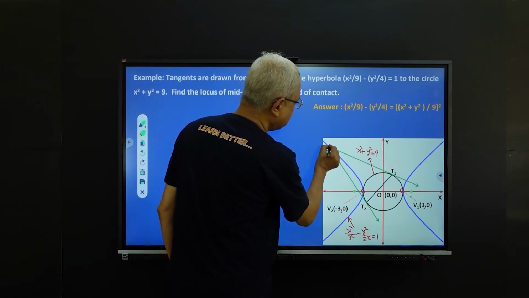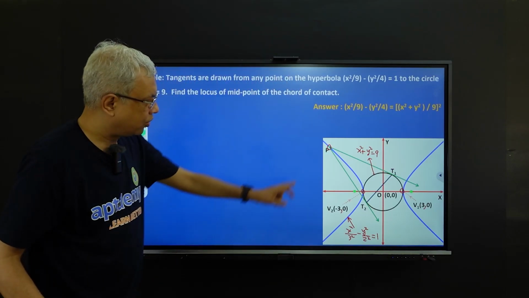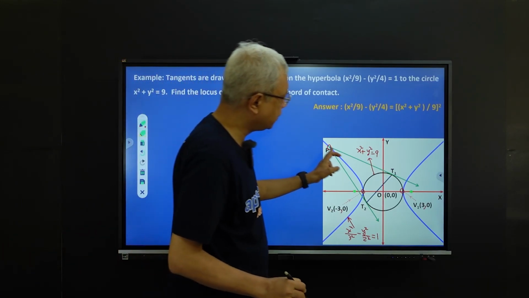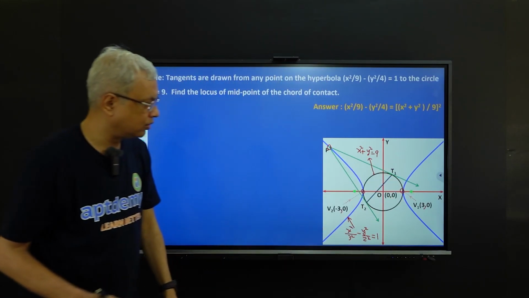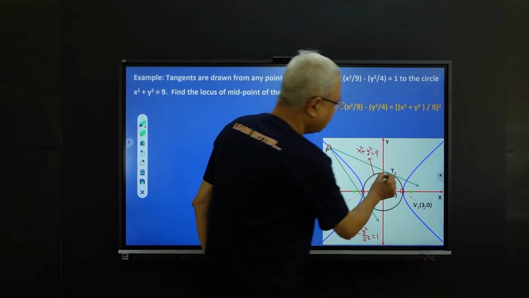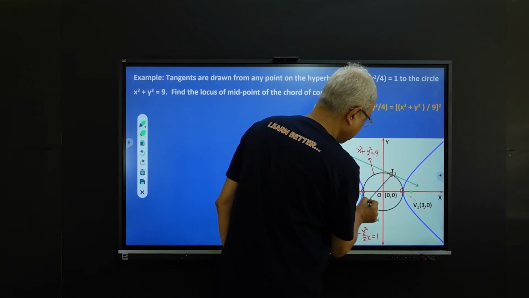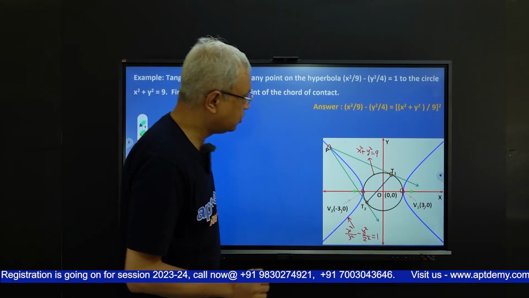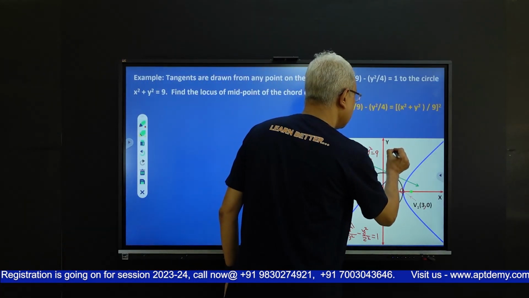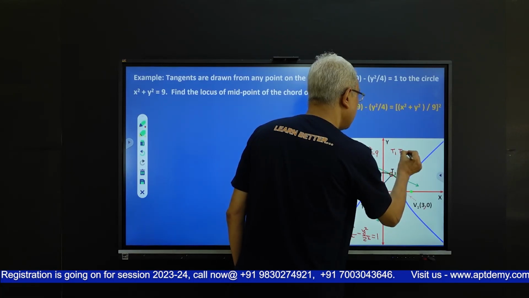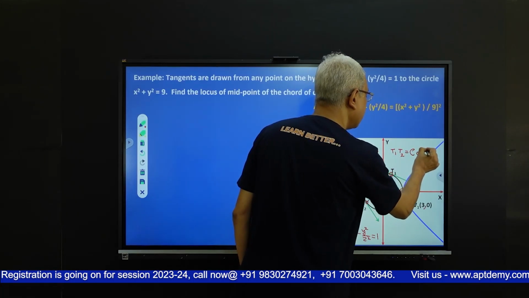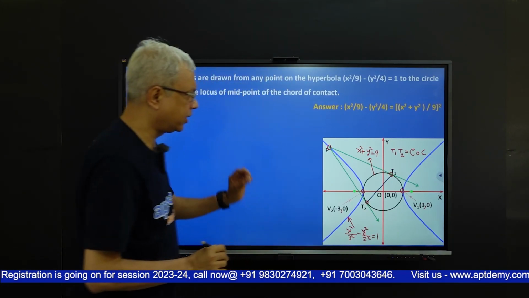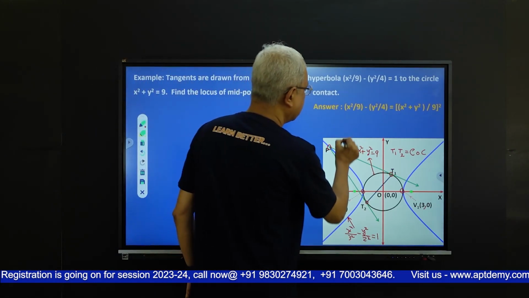And this is a point on the hyperbola from which 2 tangents are drawn to the circle, and the points of contact are T1 and T2. If I join T1 and T2, T1 T2 becomes the chord of contact.